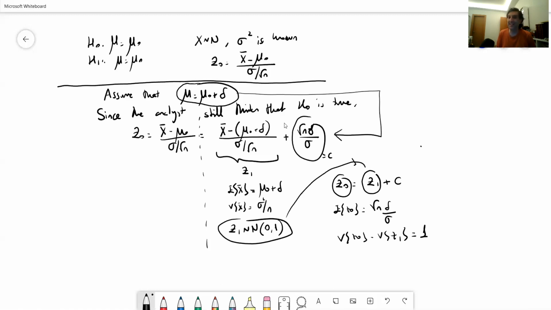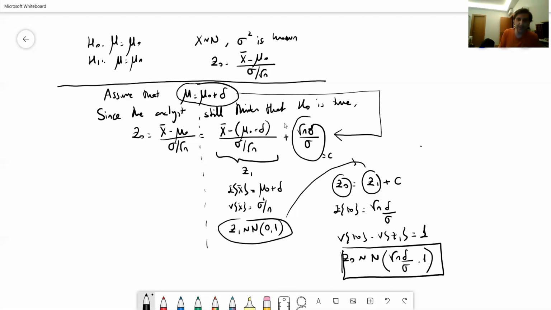Note that this is a linear combination of Z1, just as a constant is added. Therefore, Z0 is still normally distributed, but it's not going to be around 0. It's going to be around this value with 1 standard deviation.